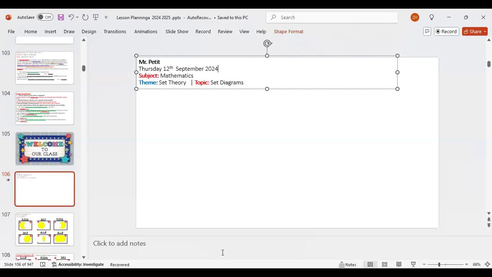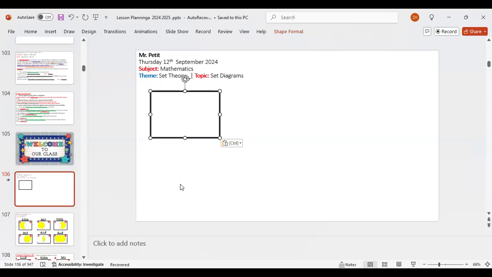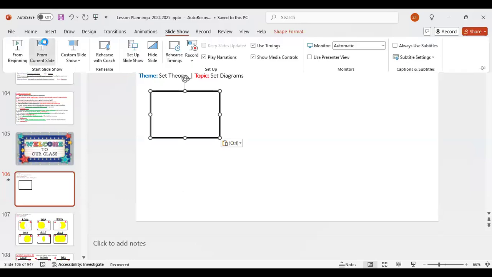Make sure you have your pencil and your ruler because we're going to be using them a lot today. The first thing we're going to draw is a rectangle. Inside our rectangle, we're going to have our two sets, not subsets like yesterday, our actual two sets.